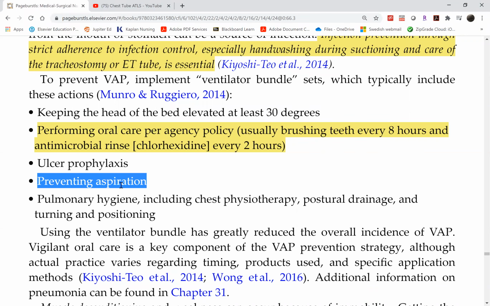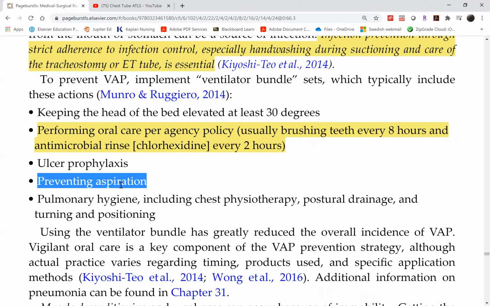Remember the area above the ET tube cuff? You know what I'm talking about? Where the cuff is inflated, the area above the cuff. There will be accumulation of secretions. We call that the subglottal area. There are secretions there also, which we cannot reach with our Yankauer, because that's too deep.